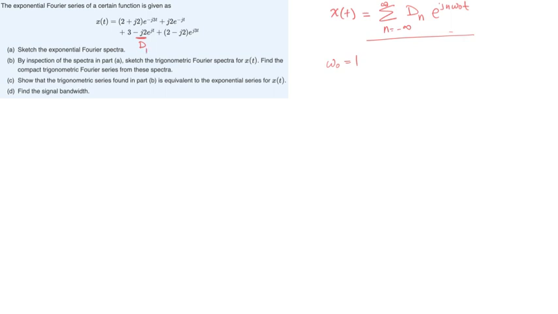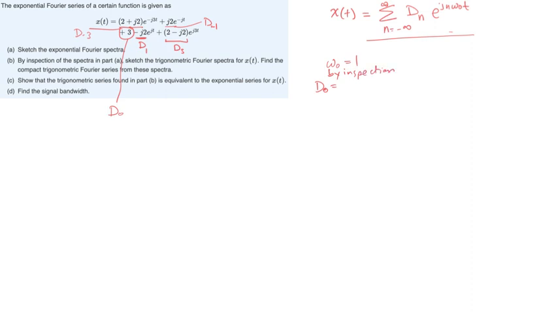And this is d3. This is going to be d minus 1, and this is going to be d minus 3, and this term is d0, the dc term. Okay, so immediately we can figure out which n each one of those coefficients corresponds to, and you can write them down if you want.